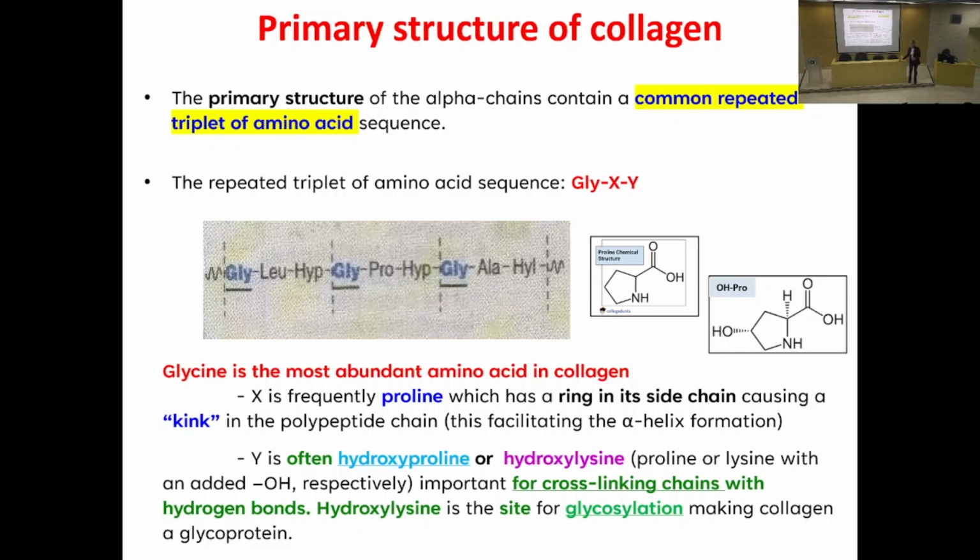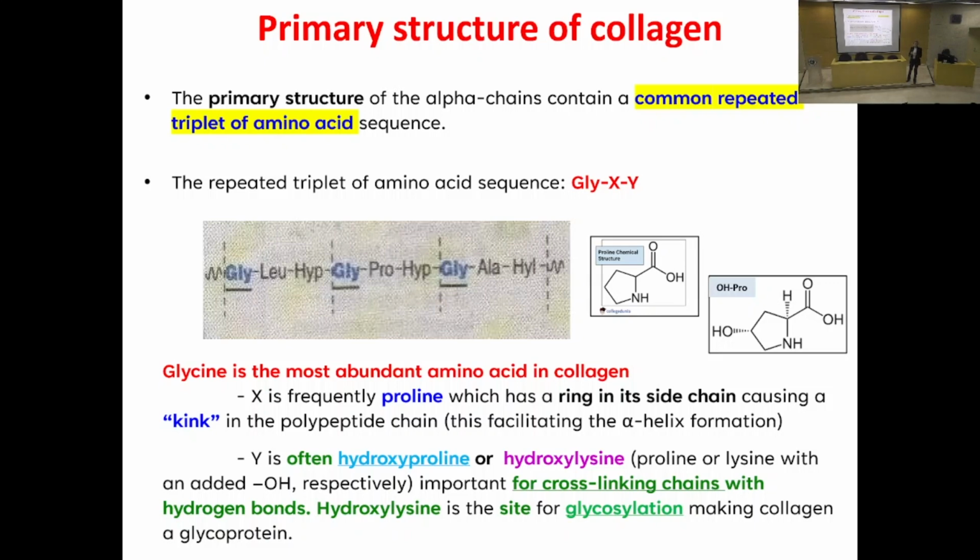And this is the structure of proline. You see in the structure we have a kind of ring. This ring gives a kind of rigidity to the amino acid.